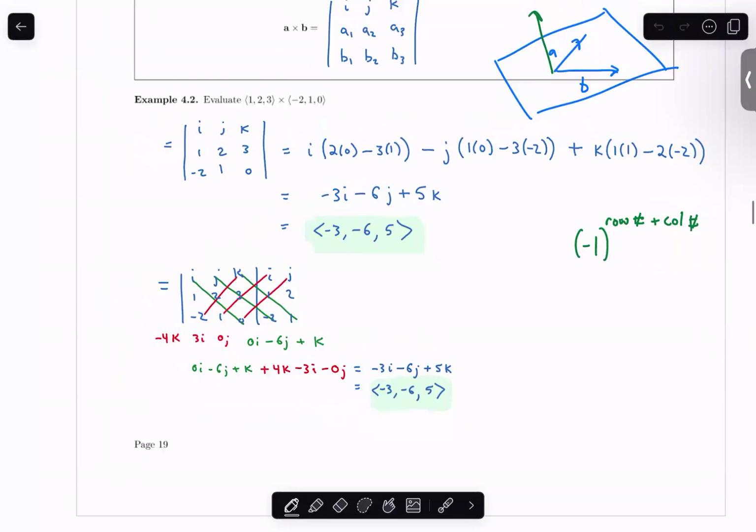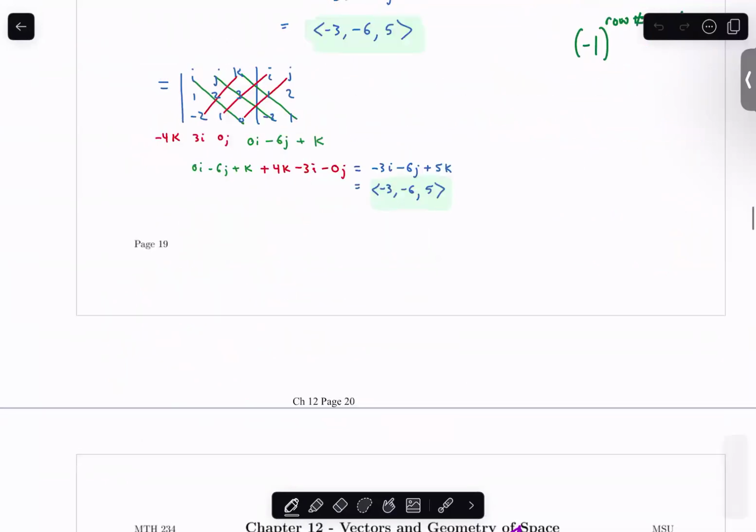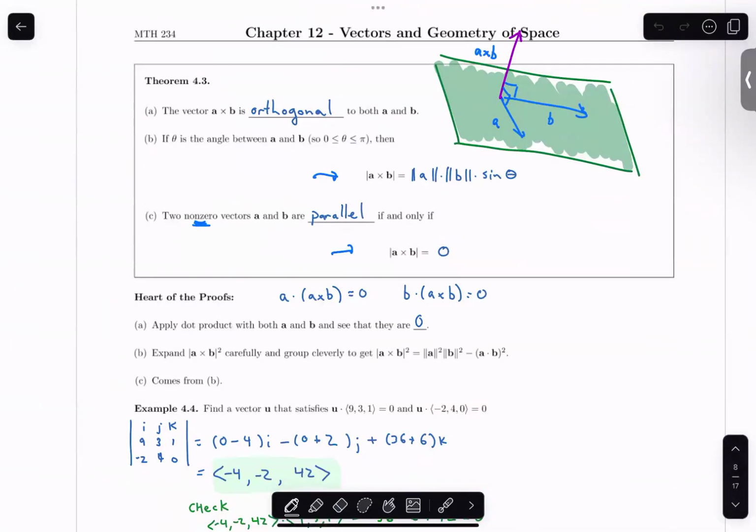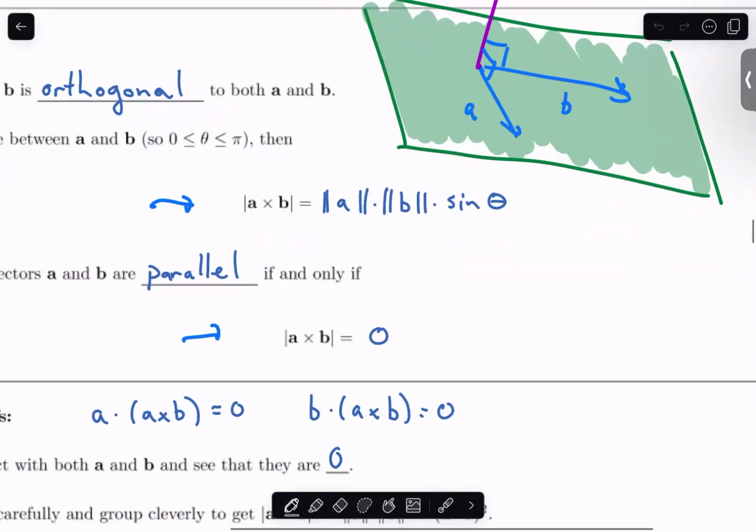All right, so we calculate out the cross product using determinants. We go over a few properties. Just like the dot product, the cross product has some nice formulas. In this case, when you take the magnitude of it, instead of a cosine, you have a sine. And if the cross product yields 0, that means that your two vectors are going to be parallel rather than perpendicular.